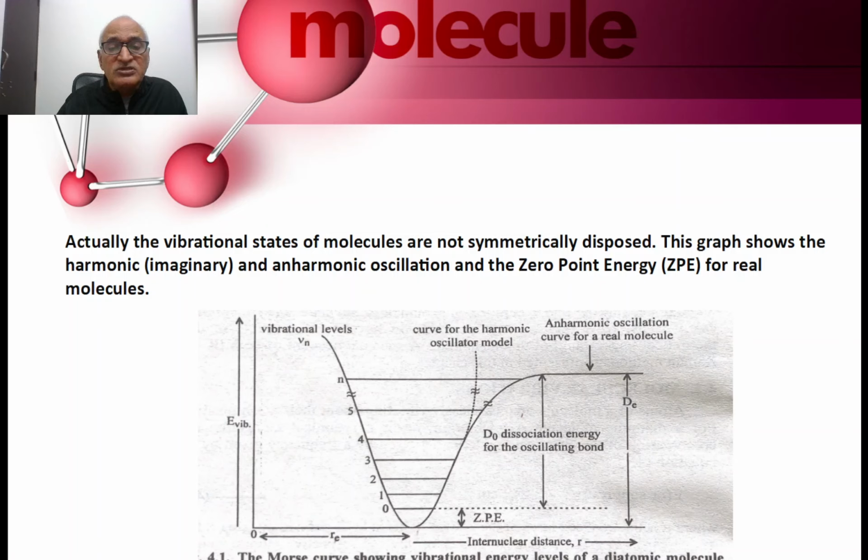Instead, its energy is the zero point energy, equal to half h c nu bar, where h is the Planck constant, c the speed of light, and nu bar 0 the fundamental frequency of vibration. So this emergence of zero point energy is the application of quantum mechanics to the derivation of energy of vibration. Classical mechanics does not tell about this.